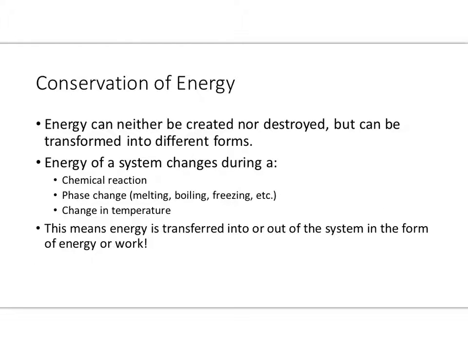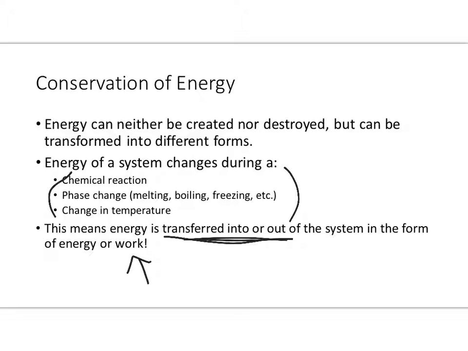So the big deal is this, right? Because the energy of a system changes anytime any of these things happen, that means the energy has to be transferred into or out of the system. So the question is, what forms does it take when it goes in or out, and where is it going? How much? Those are the big questions. So we have two ways that we can either bring energy in or get rid of it.